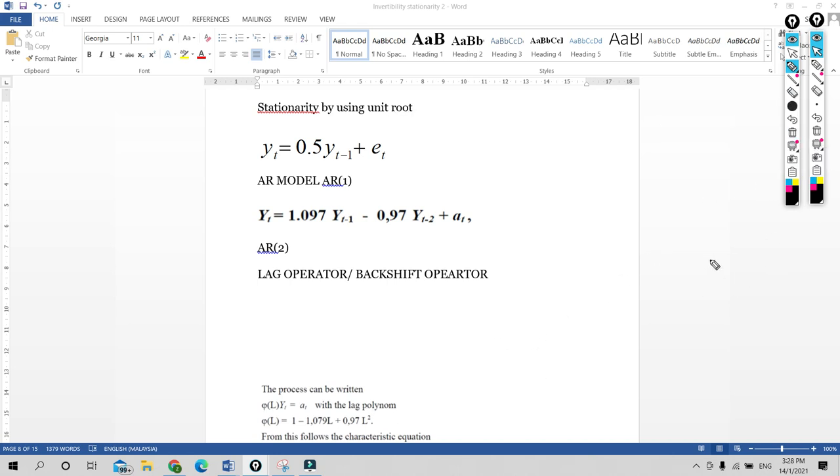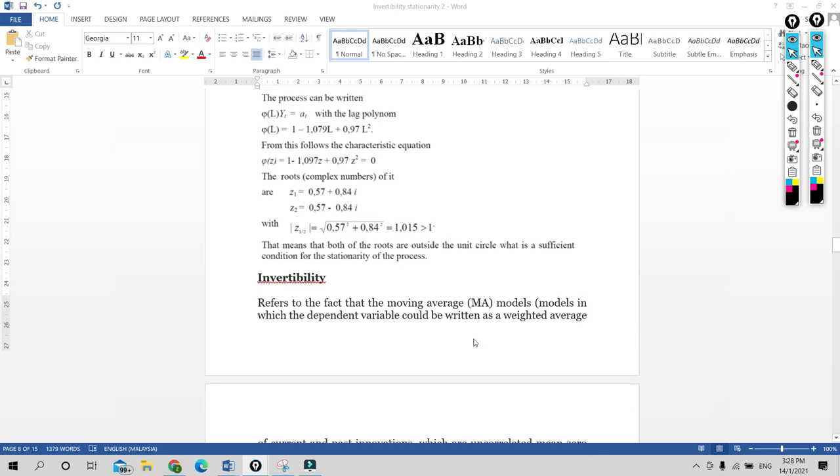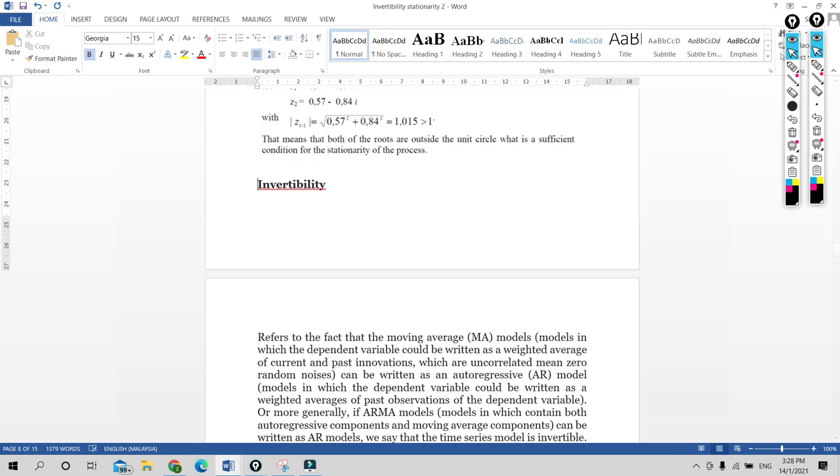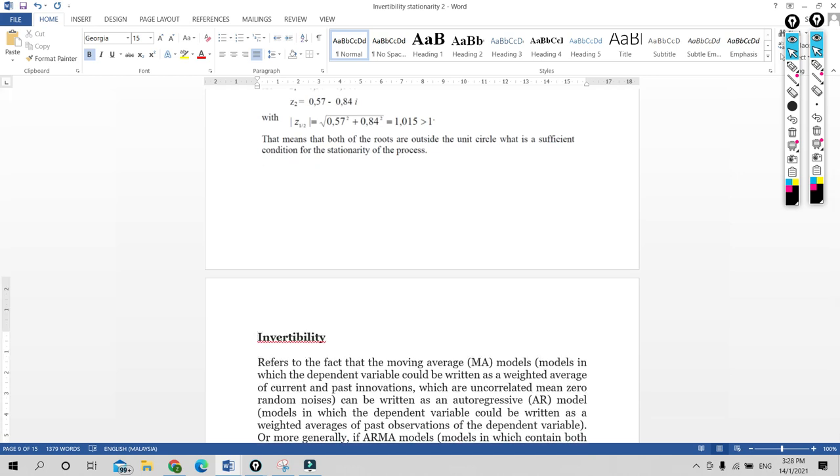Now, the last part here, I want to discuss invertibility. Invertibility refers to the fact that a moving average model can be written as an autoregressive model.